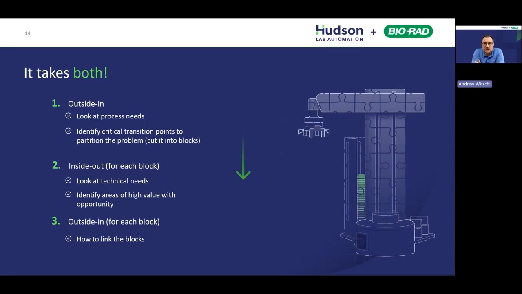What we found is neither of those are right, and neither of them are wrong. It actually takes both views, right? So ideally, when you're working through a process of automating research, you want to start top down. You really want to break it up into logical steps that have key bottlenecks in the lab, right?